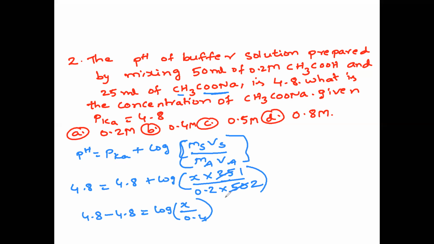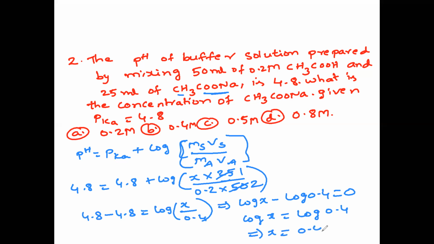So log X minus log 0.4 is equal to 0, so log X is equal to log 0.4. This implies X is equal to 0.4. So the answer is the second option.